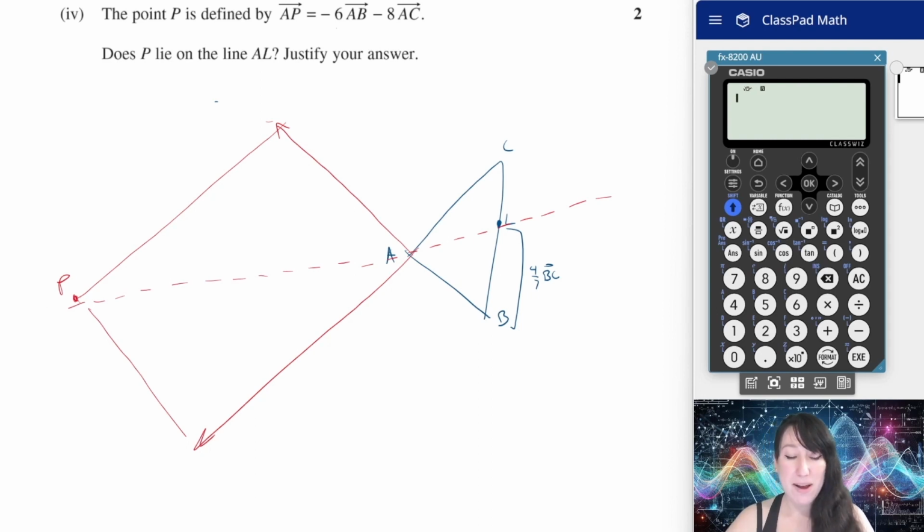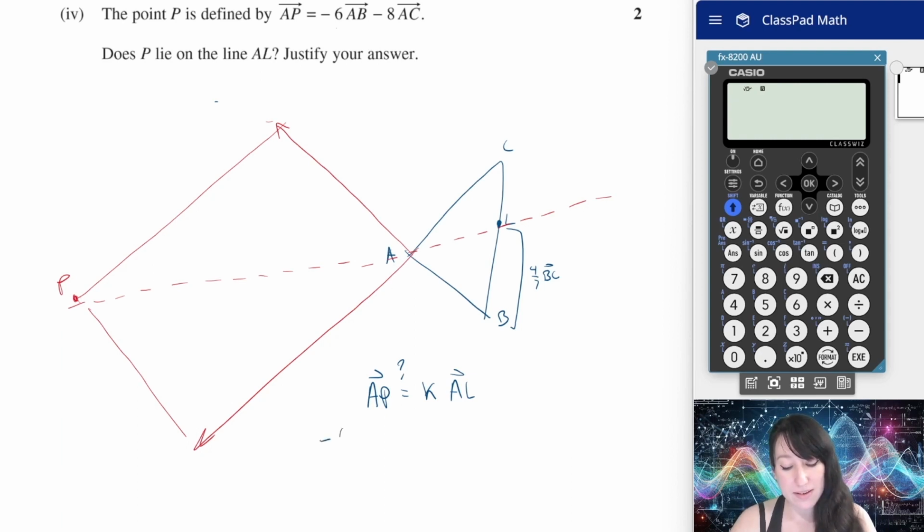It's hard to say, my diagram is just a rough sketch, so we're going to have to work that out. So, if P is on the line AL, what that means is the vector from A to P is a scalar times the vector AL. Let's see if we can determine if that's the case.